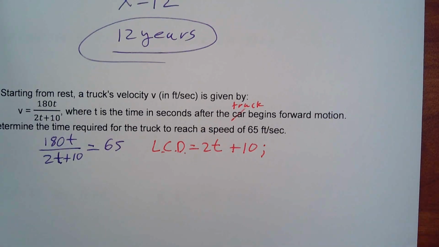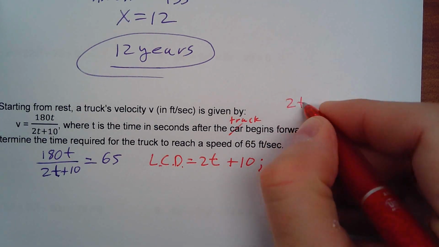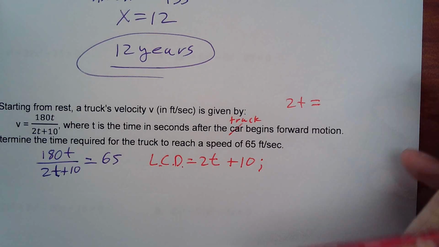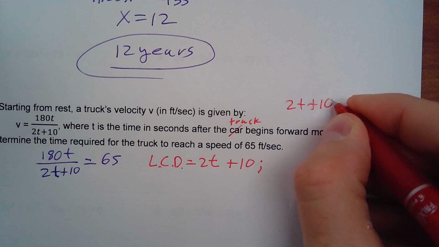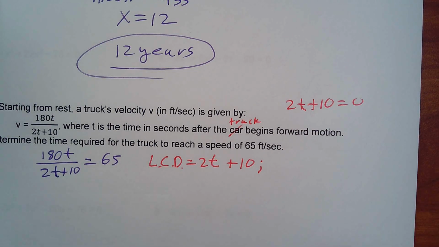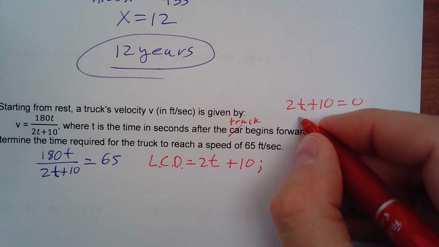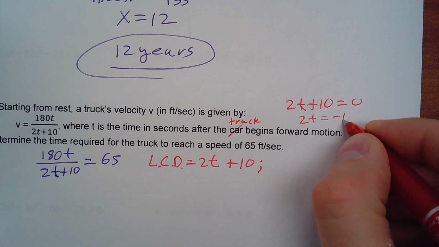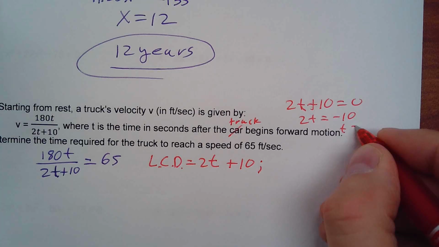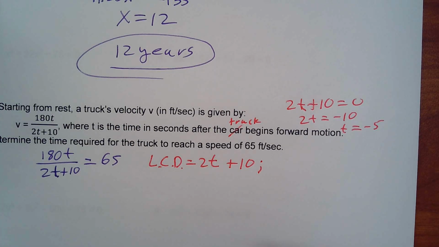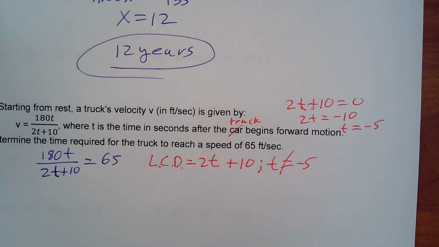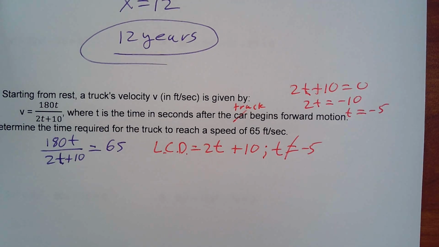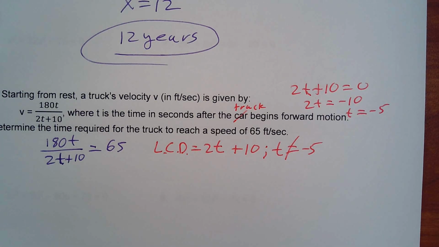But again, it's kind of the same idea, where we're looking at where 2t plus 10 equals 0. That would be where it's undefined. Subtract 10 from both sides and then divide by 2. That would give me negative 5. So in other words, I don't want t to be equal to negative 5. And again, that's not going to happen because the time has to be positive.